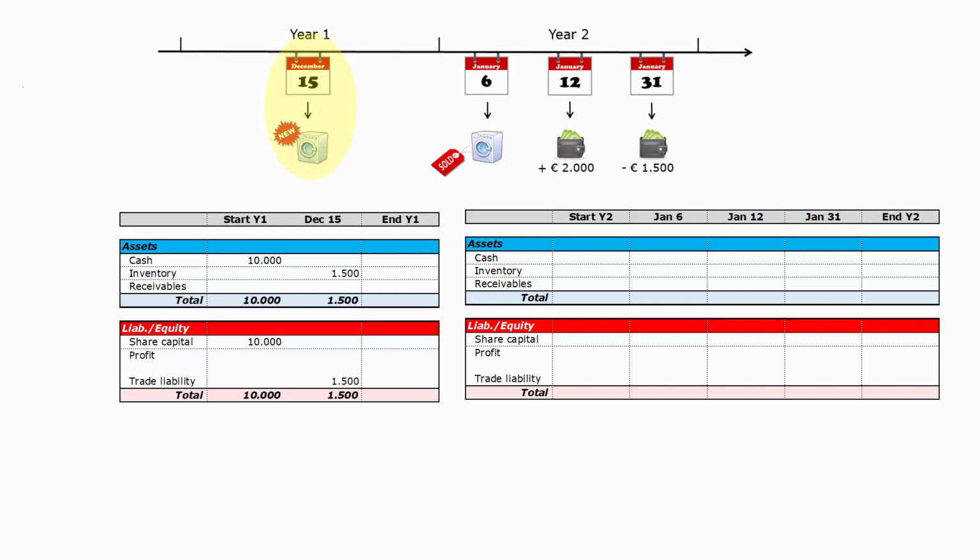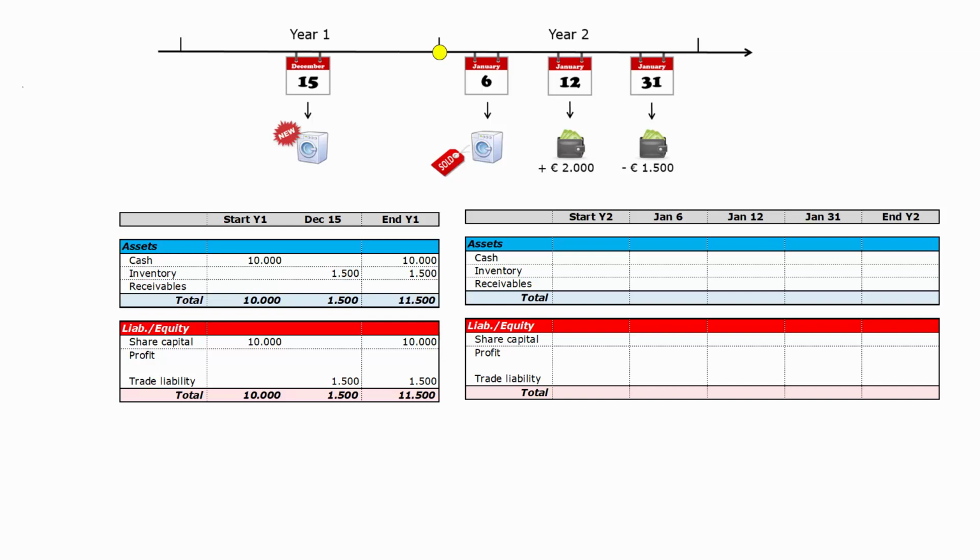On the December the 15th delivery date, the purchase of the washing machines creates an additional resource for the company, referred to as an inventory asset, and a supplier's claim called a trade payable or trade liability, each for €1,500. At the end of December, the company has not yet sold the washing machines and is still able to determine their use.